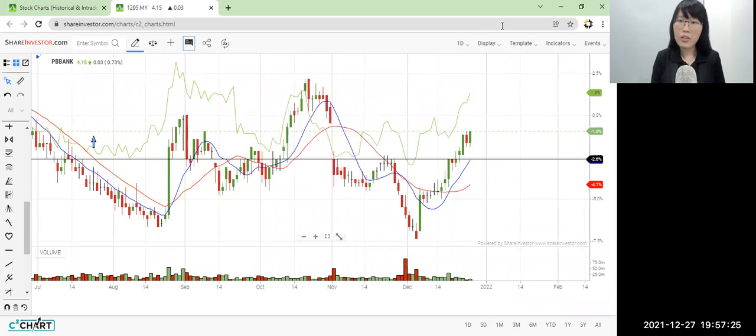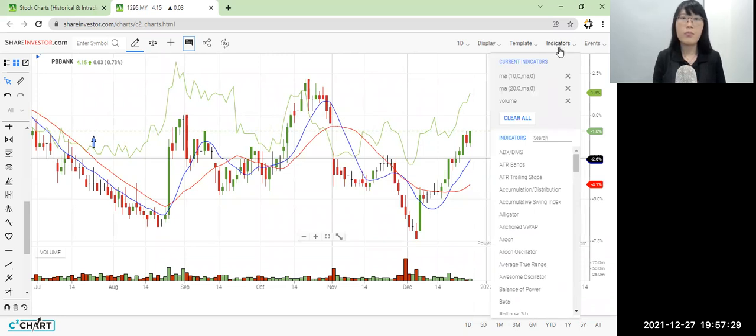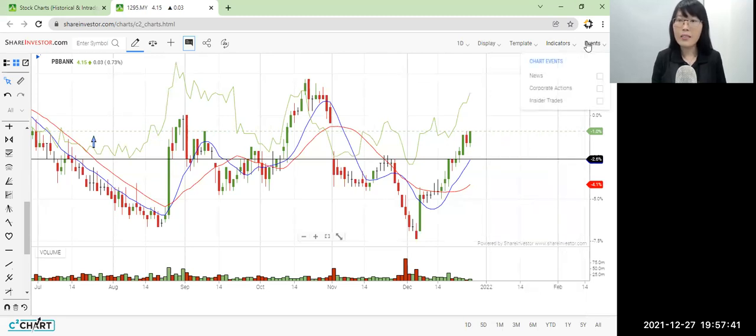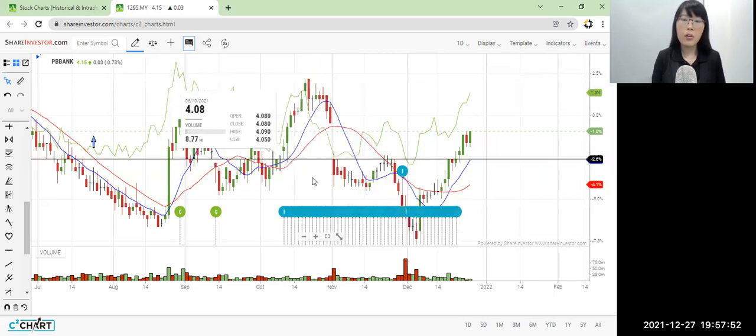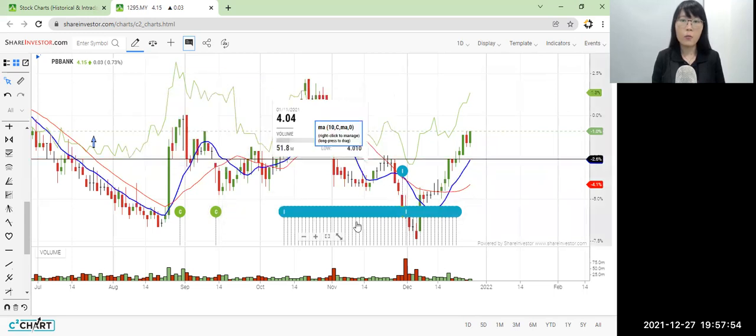It also provides you a lot of indicators here, so you can choose which indicator you want to add to your chart. Then for the events, you can choose corporate actions or insider trades, and it will show on your chart on which particular days.